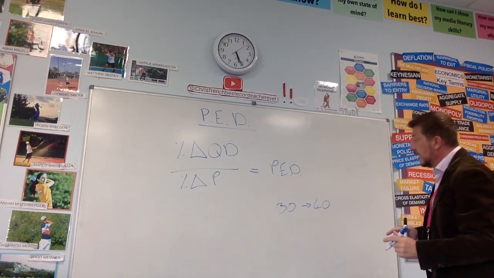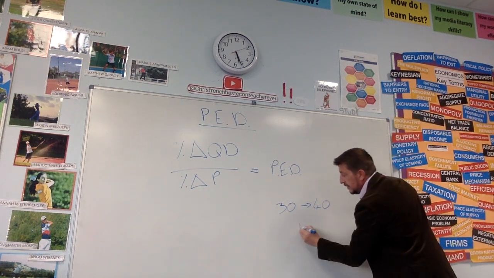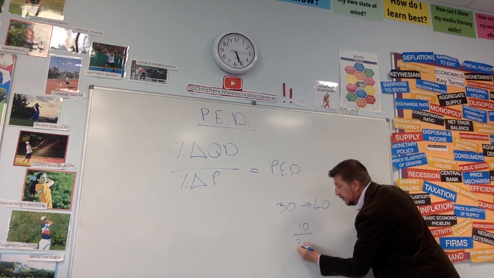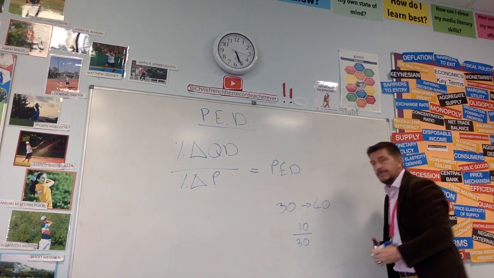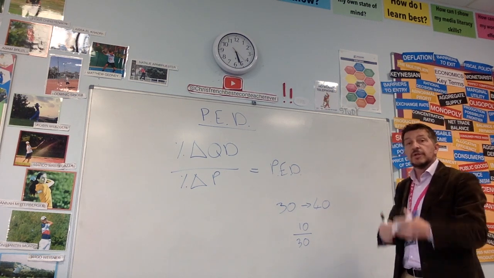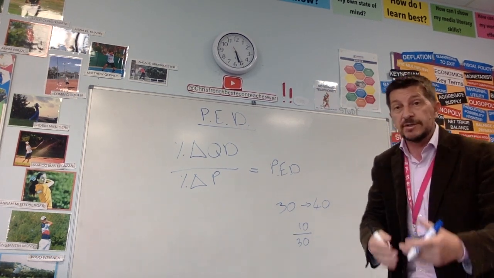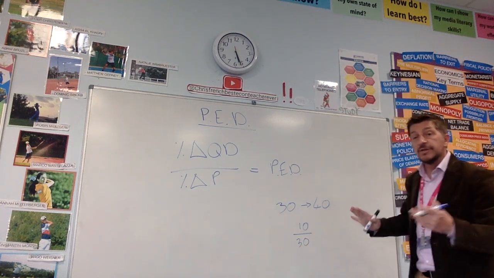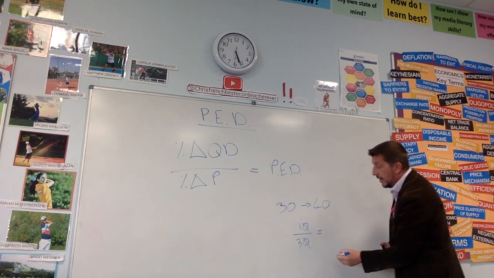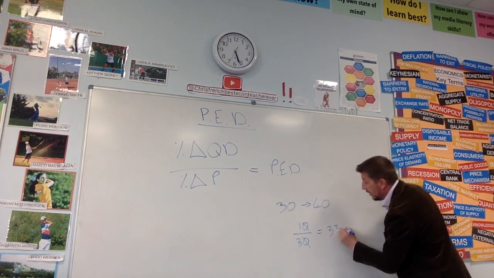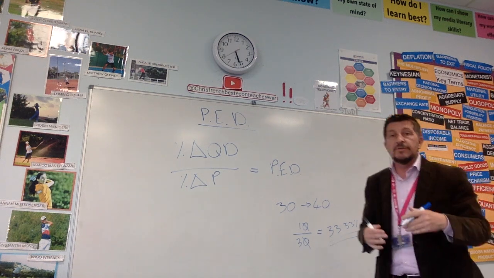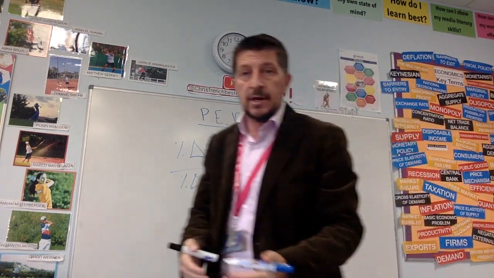We take the change, 10, and we divide it by the original value, 30. And that will tell us our percentage change. Now, obviously, that's a fraction. We just need to change that into a percentage. So it's effectively 1 over 3, which gives us 33.33%.